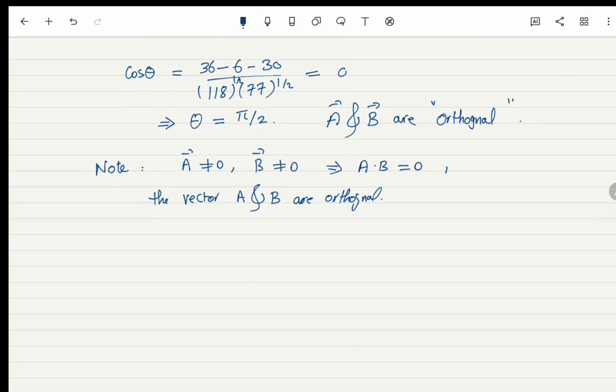Now let's move to the other part of vector product, which is cross product or vector product.